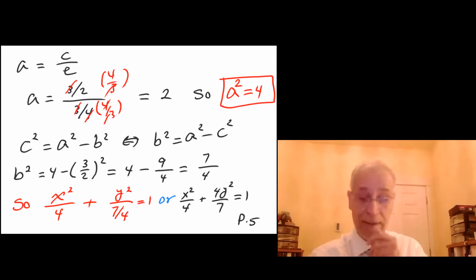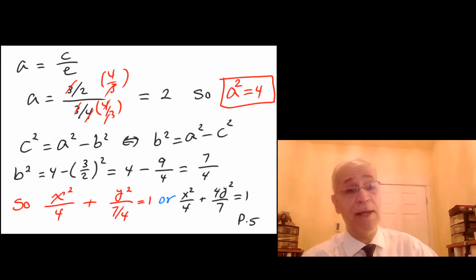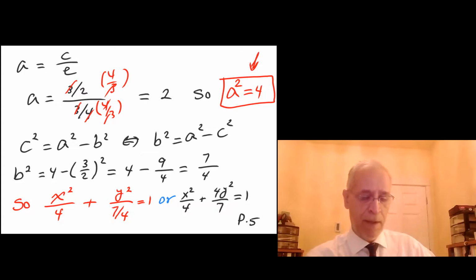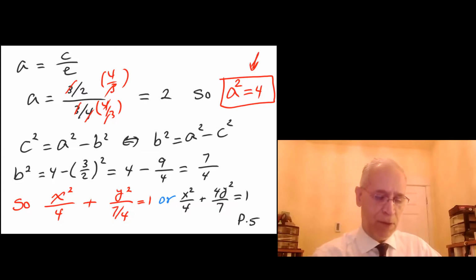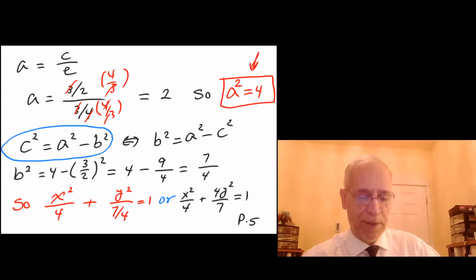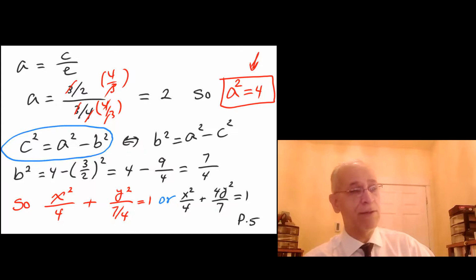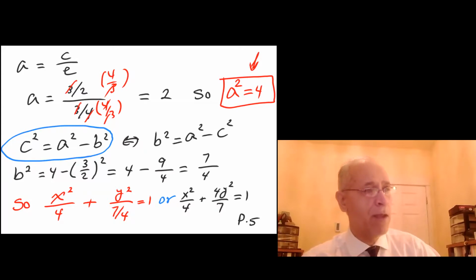So a equals 2, and then a squared equals 4. Let's keep that information. I also know that c squared equals a squared minus b squared. Solving for b squared, I get a squared minus c squared. a squared is 4, c is 3/2, so I get 4 minus 9/4, which gives me 7/4.